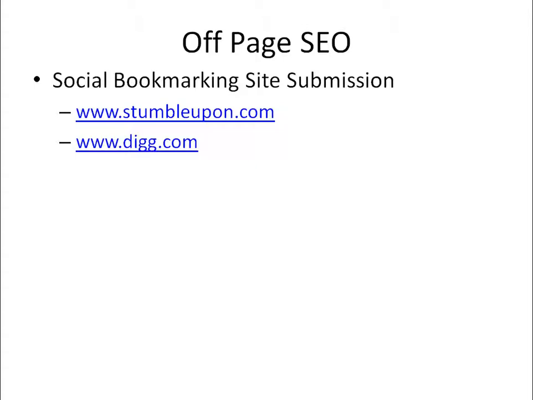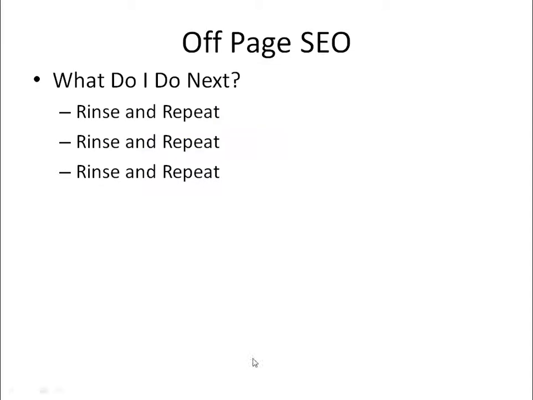And those social bookmarking sites are fantastic ways to drive additional traffic to your site, in addition to helping you out with the search engine optimization, because these are very highly ranked and very reputable sites as far as Google is concerned. So any site or any page on your website that you want to submit to a social bookmarking site, you can do that, and it's a very good strategy for your off-page SEO.